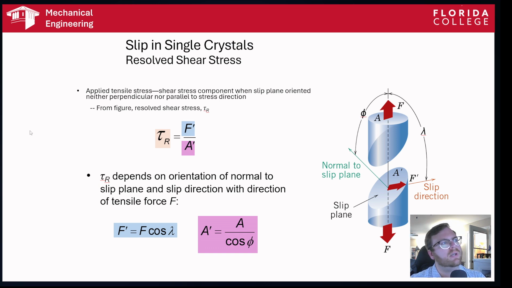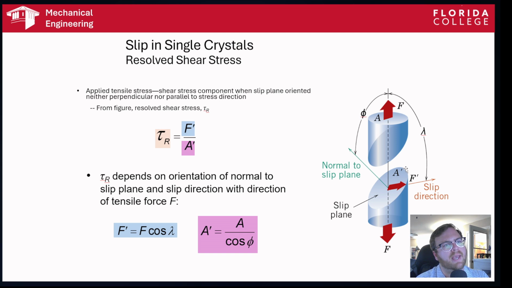So, applied tensile stress: the shear stress component when the slip plane is oriented neither perpendicular nor parallel to the stress direction. Our stress direction is along this axial direction. Our applied tensile stress is the tensile stress occurring normal to the slip plane. So we have our F prime acting normal to our slip plane, and then we have A prime.